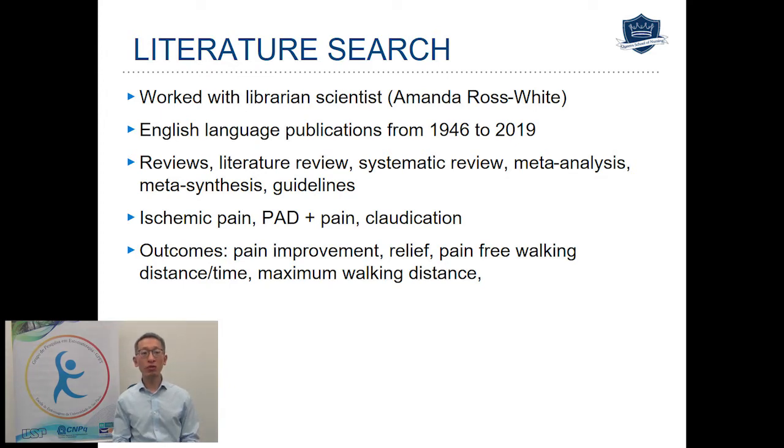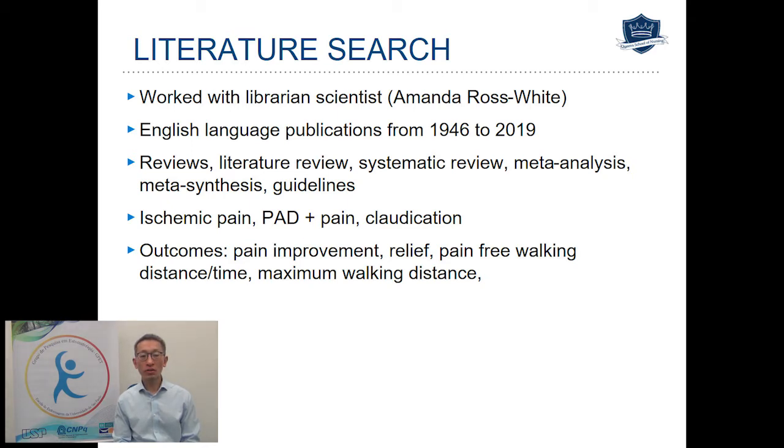For umbrella review, we only look at review papers, literature reviews, systematic reviews, meta-analyses, meta-synthesis, or guidelines that are published. One of the limitations, I think, is we did not go through individual professional associations to determine if they have any guidelines already, unless they're published in the searchable database.